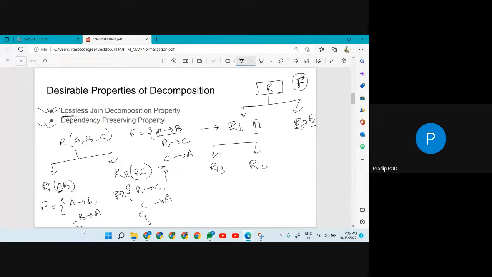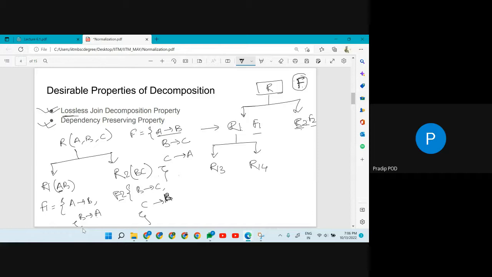This is the functional dependency F1 associated with R1, and this one is associated with R2, BC. So these are the functional dependencies associated with each table.